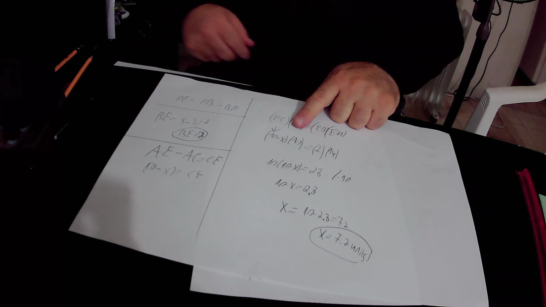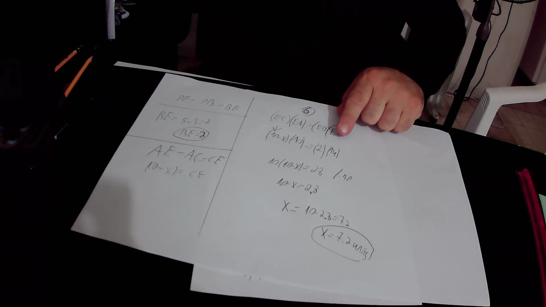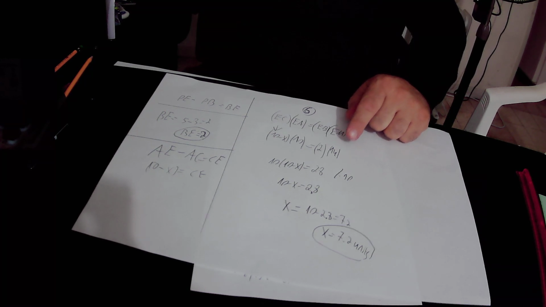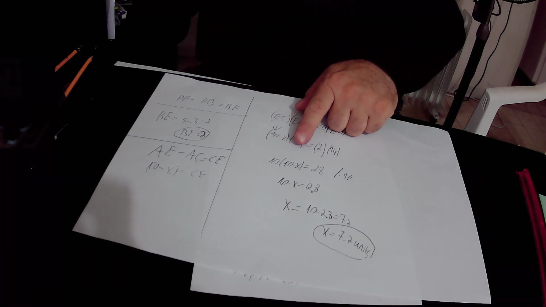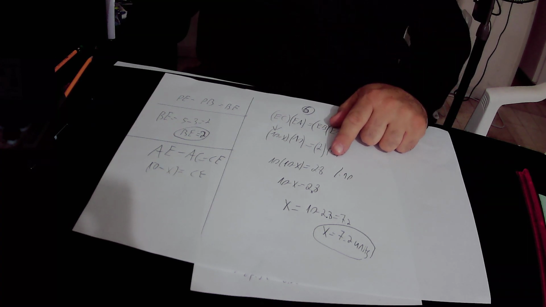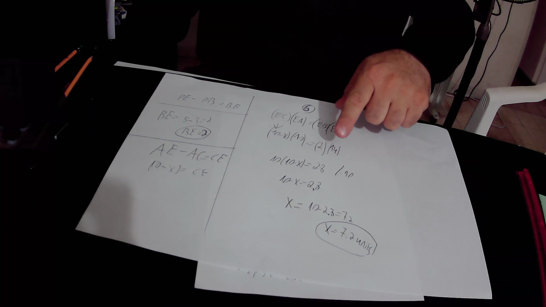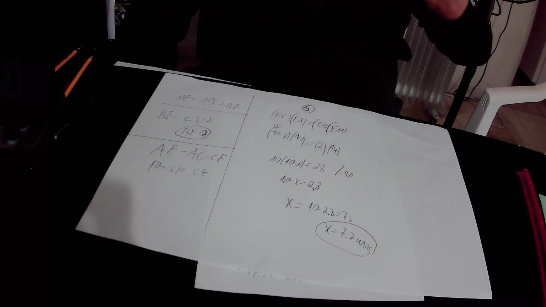In conclusion, we found out that 10 minus x times 10 equals 2 times 14. 2 times 14 is 28, so here we have 10 times 10 minus x equals 28. We divided this equation by 10, and we got that 10 minus x equals 28 over 10, which is 2.8.